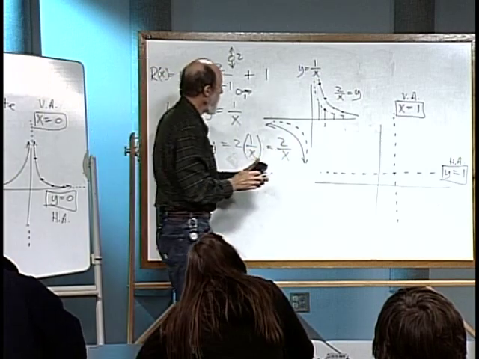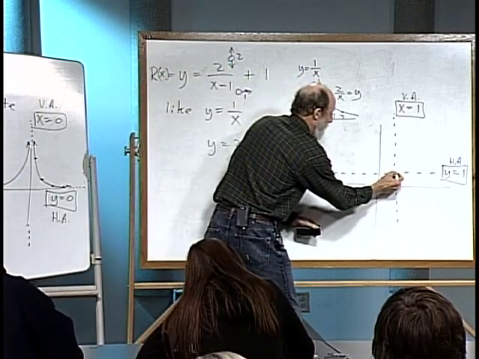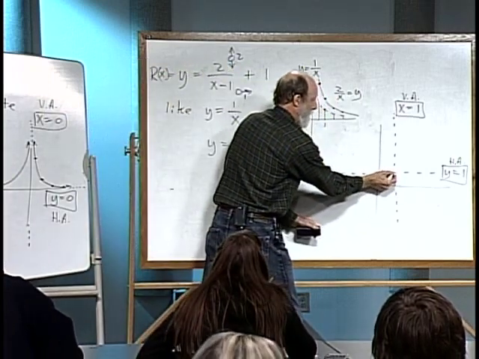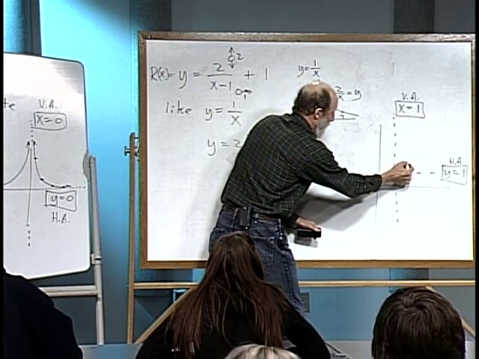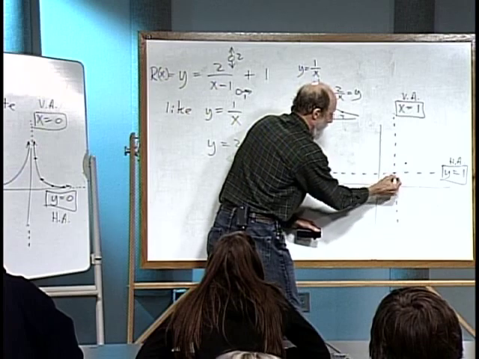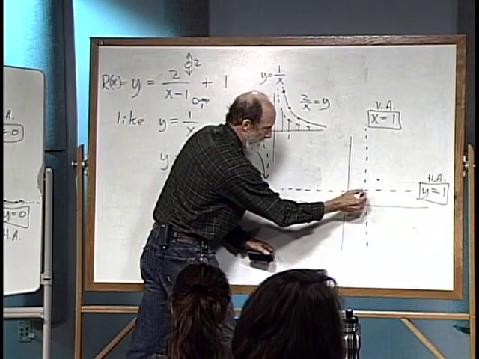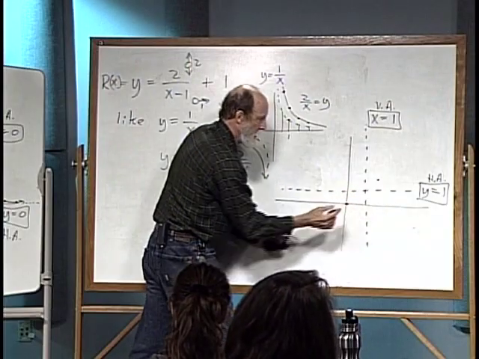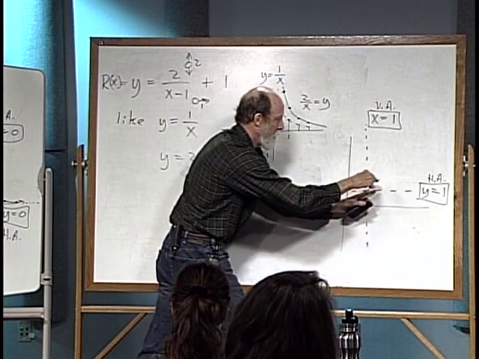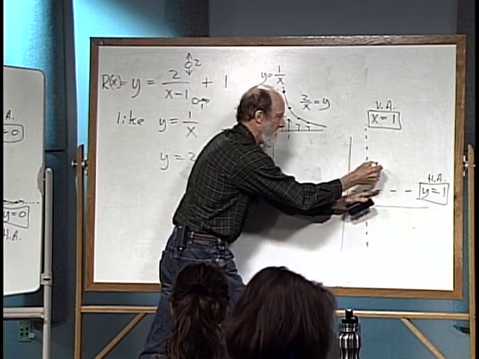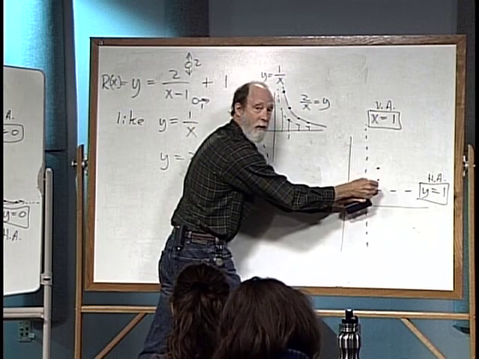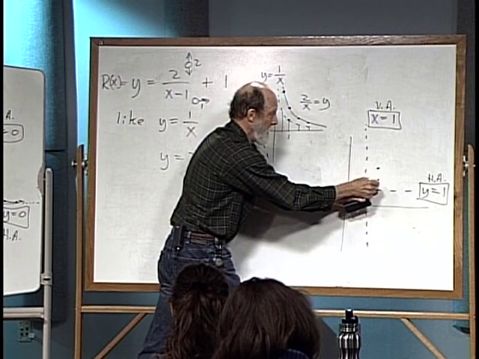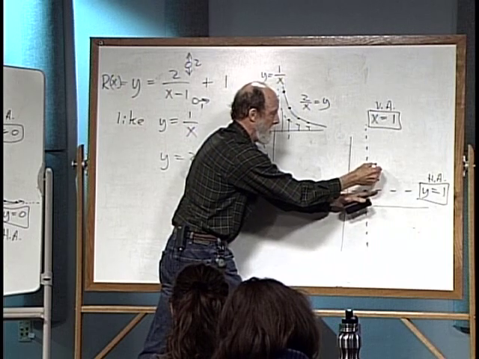So instead of it going through this point right here where the asymptotes meet, which would be at 1, 1, right? Instead of being over 1 and up 1 from there, and 1 to the left of that and back down here, it's going to be twice as tall there. It'll be 2 above the asymptote there, instead of 1 above it.